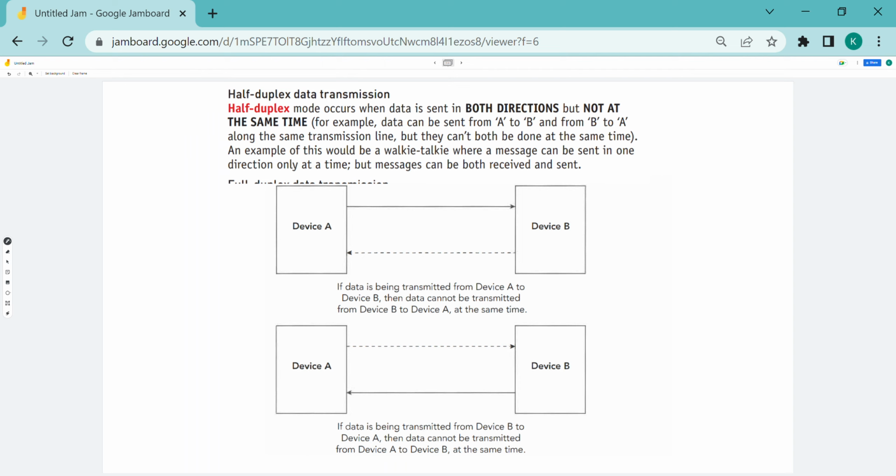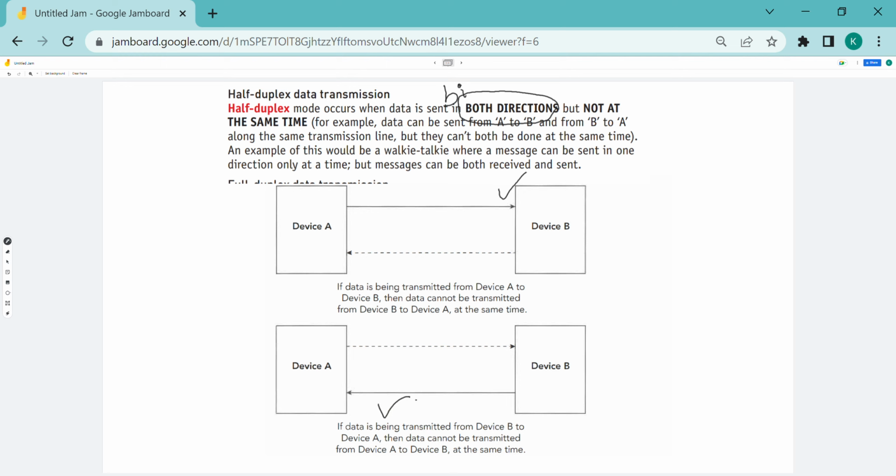Then the second type of data transmission is half duplex. So again we are going to categorize it in terms of direction. It's bidirectional data, but the important thing is that data cannot be transferred in both directions at the same time. Here you can see in the diagram, device A is sending signals to device B. Yes, device B can also send signal to device A, but not at the same time.